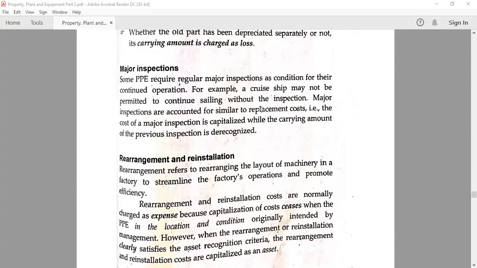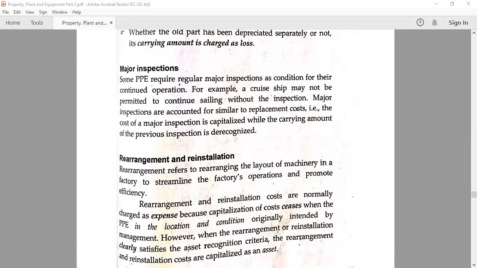For major inspections, we are going to treat that similar to replacement costs. Major inspection is capitalized if ever there are additional benefits of whatever form.